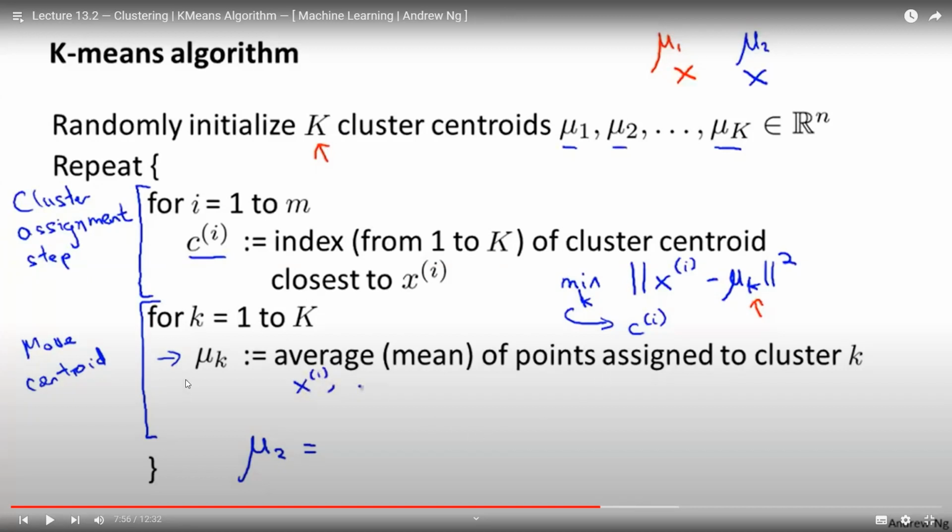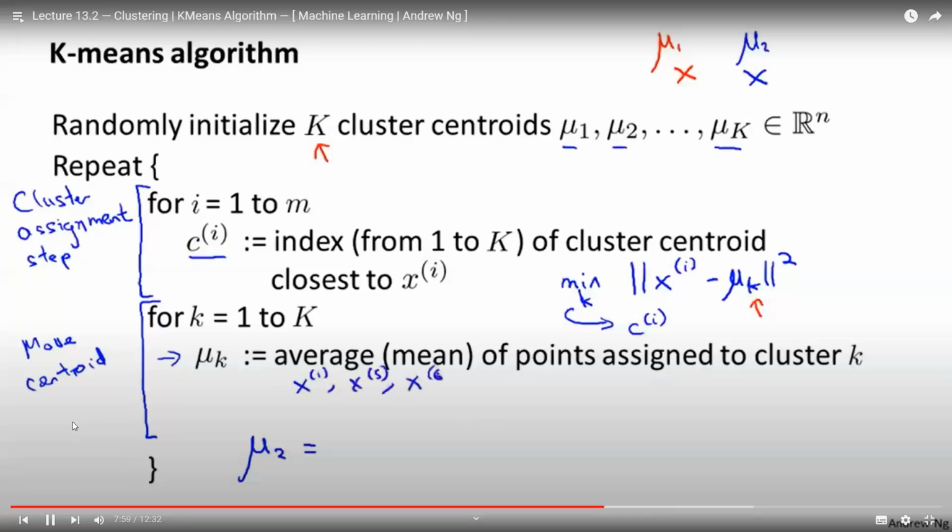In the second step, we move the centroid to be the mean of the currently selected cluster. Once we choose the mean, we'll have a new mu. Then we repeat the same process until the algorithm converges and there are no more changes in the mu's.